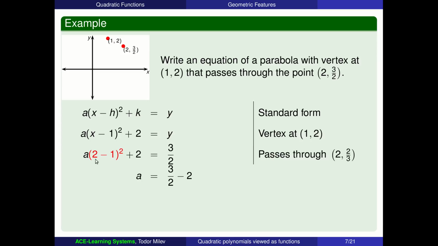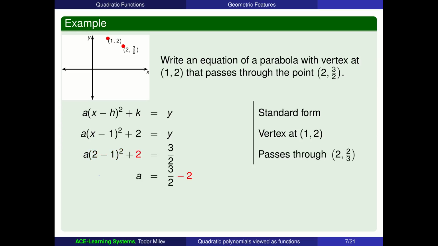Indeed, 2 minus 1 is equal to 1, and 1 squared is equal to 1. And 1 times a is equal to just a. So 2 minus 1 squared is just 1, and 1 times a is just a.